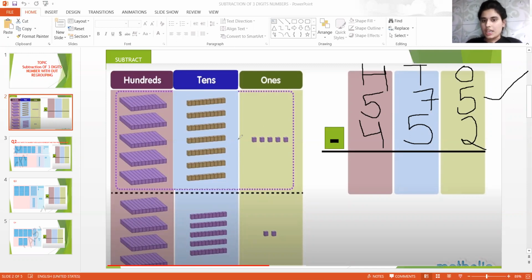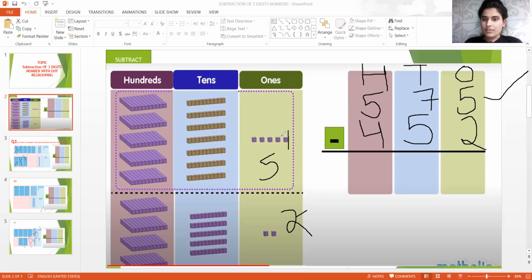We see here we have 5 ones here and 2 ones here. So we have to subtract these 2 ones from these 5. How many ones do we have to subtract? These 2. So subtract it.